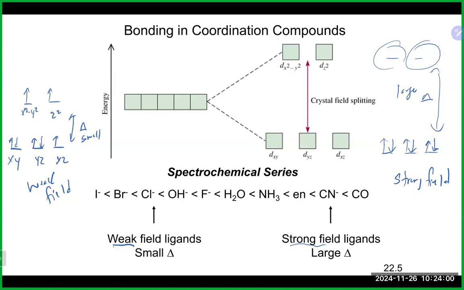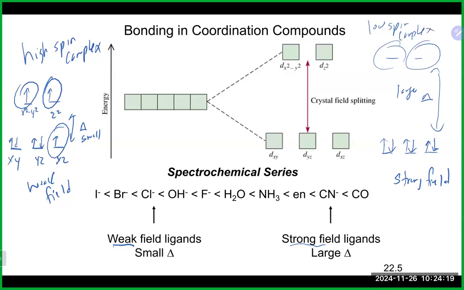So this is what is sometimes referred to as a high spin complex, and a high spin complex has a lot of unpaired electrons. And this is what would be considered a low spin complex, and a low spin complex has a lot of paired electrons, not so many unpaired electrons.